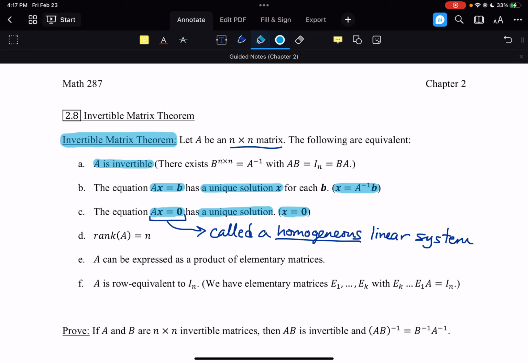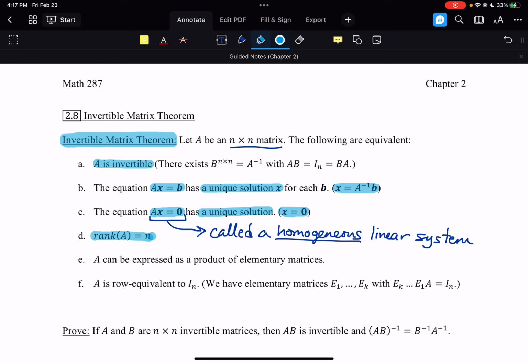Another equivalent statement: the rank of A equals n. So we have an n by n matrix. If the rank of A equals n, that means that the number of rows and columns that have pivots is n. In other words, every column has a pivot, or every row has a pivot.